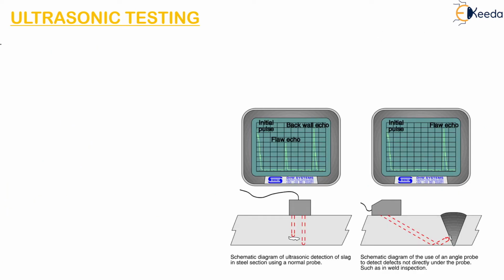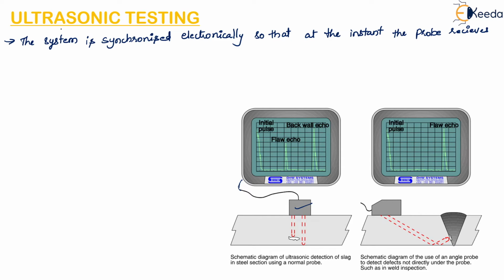So the cathode ray tube and the probe are connected in such a way that when the probe moves on the material, the spot starts moving on the screen.